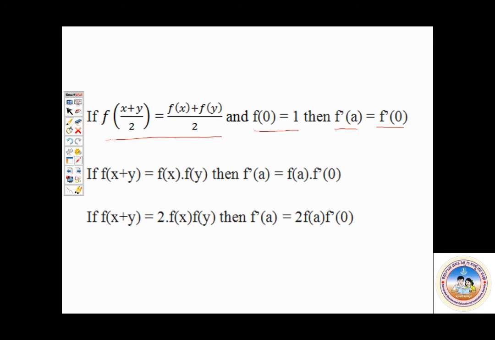It is f dash of 0 is same as f dash of a, that is any point. ಈ ಕಂಡೀಷನ್ ಇದ್ದಾಗ ಯಾವಾಗಲೂ ಬರೆದು ಬಿಡಬೇಡಿ. ಹಾಗೆ ಇದು f of x plus y equals to f of x into f of y ಆಗಿದ್ದು ಅವಾಗ f dash of a becomes f of a into f dash of 0. This will be given in the problem, nothing to worry. F of a will be given, f dash of 0 will also be given in the problem. You will be asked to find f dash of a.